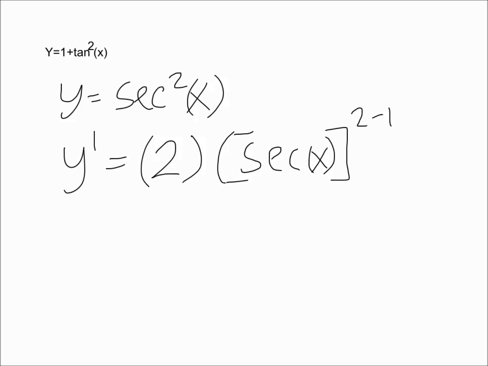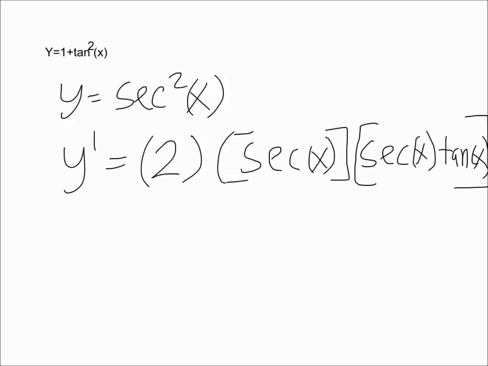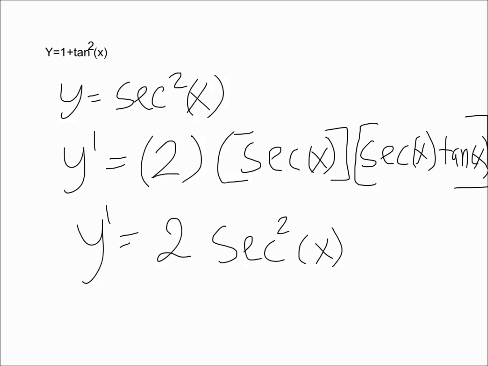I'll just leave it like this then, times the derivative of the secant of x, and I just talked about that like a minute ago. So it will be secant of x times the tangent of x. So then the answer would be 2 times secant squared of x times the tangent of x.